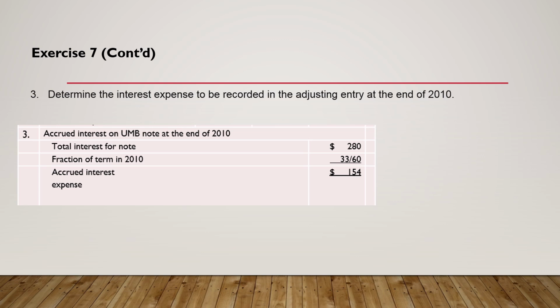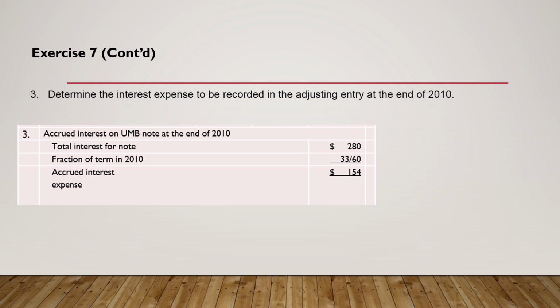So again, regarding this note, it was taken on November 28th, and the maturity date is January 27th, 2011, which means that at the end of 2010, we need to record an adjusting entry for the accrued interest expense. For how many days? For 33 days: the last 3 days in November, assuming the month is 30 days, so 28th, 29th, and 30th, plus the 30 days in December.